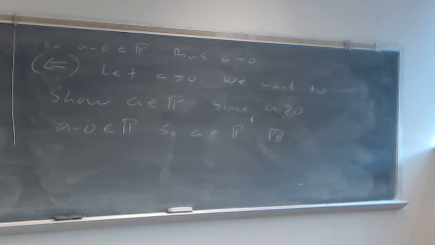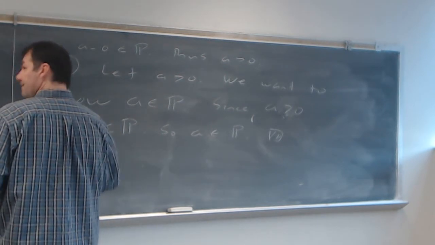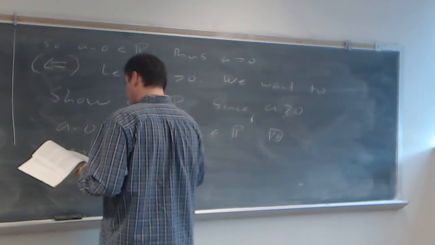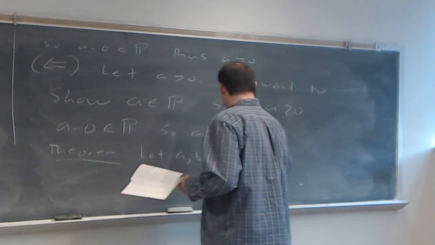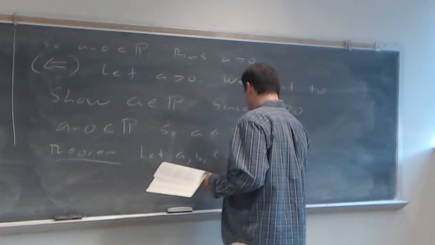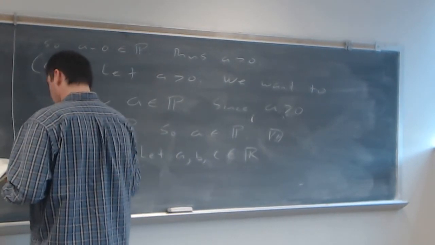Here is a theorem that's got 3 parts to it, and I'd like to look at proving it. It says, let A, B, and C be real numbers. Then we got 3 parts. Really, it's 4 parts.